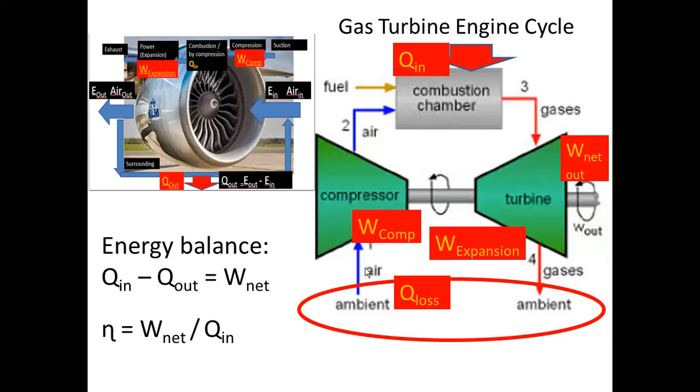If you need an energy balance: energy in the combustion chamber, energy loss here to the ambient, Q out is Q loss. I think I have to review this. Don't worry about this W net. Q in minus Q out is somehow W. So efficiency is the net work divided by the energy in. Okay, good.